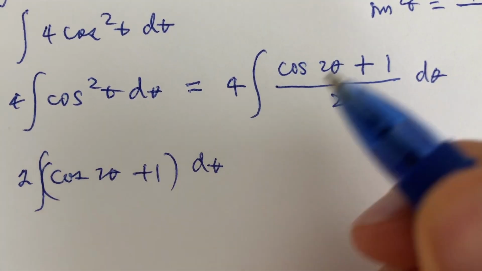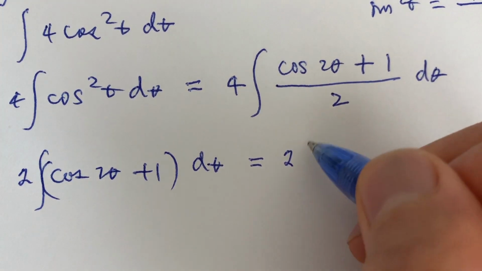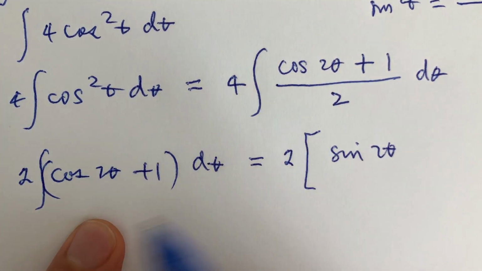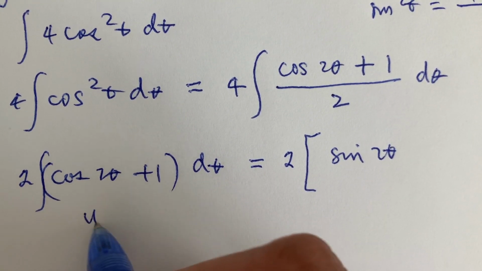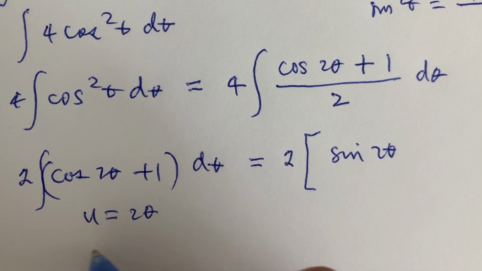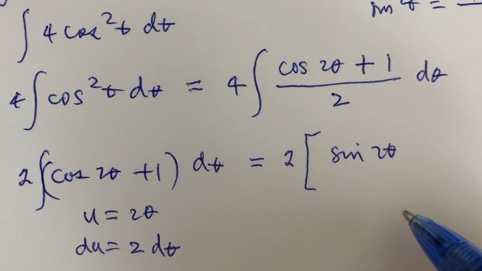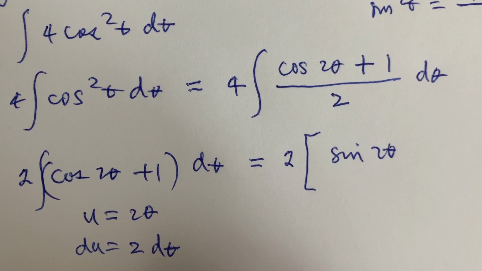So continuing our problem here, the integral now becomes 2 times cosine 2 theta plus 1 d theta. And the integral of cosine 2 theta is sine 2 theta. Now you notice that your u has a constant there. So we actually are doing here implicitly u substitution. If u is 2 theta, then du is 2 d theta. And so we will need to bring out that 2 again. So d theta is equal to du over 2.